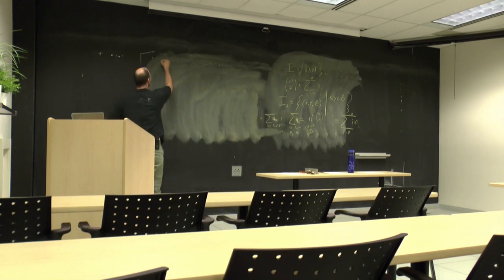I want to know something about the sum of i squared n_i. I'd like to know exactly what it is, but it's going to turn out that I can't, because this is going to vary. How can I get i squared n_i? Any ideas?